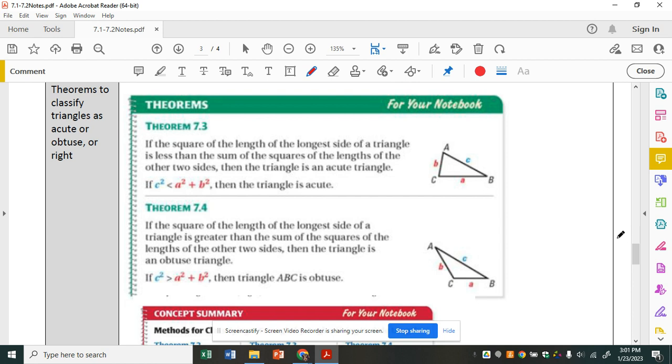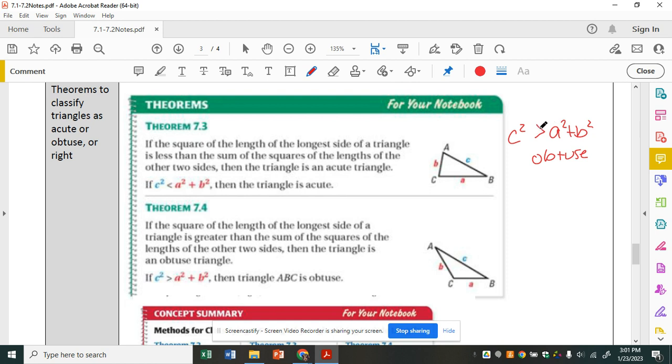Think about it as your hypotenuse. If c squared is larger than a squared plus b squared, that means you can have an obtuse triangle.